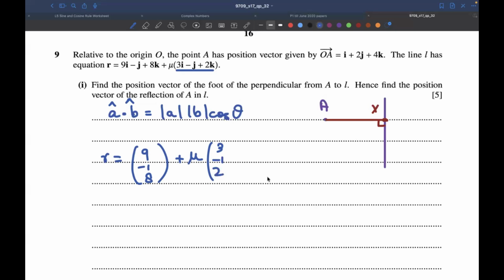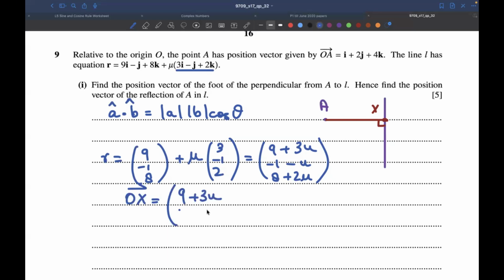We can write it as 9 plus 3 mu, minus 1 minus mu, and 8 plus 2 mu. Now, every single point on this line will have this coordinate, but with a different value of mu. For X, we don't know the mu value, but we can just take our coordinate of X, so the OX coordinate will be 9 plus 3 mu, minus 1 minus mu, and 8 plus 2 mu.